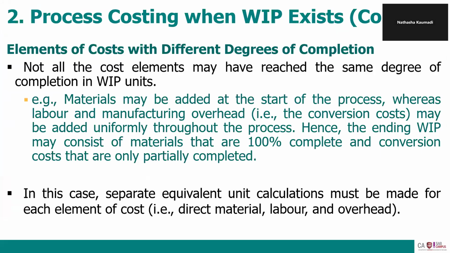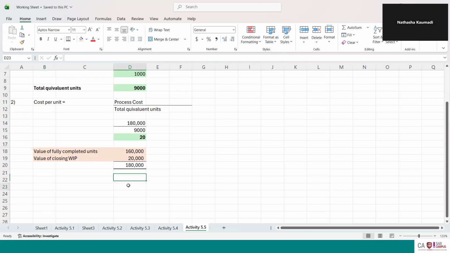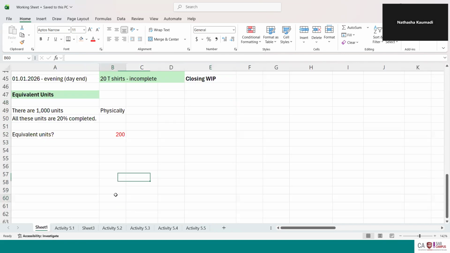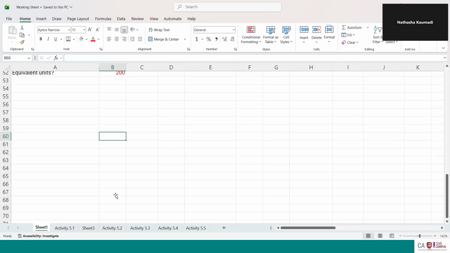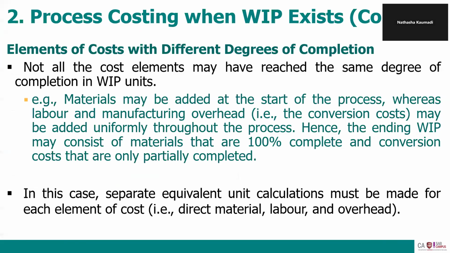Right. Another important thing. That is different degrees of completion. It's something like this.